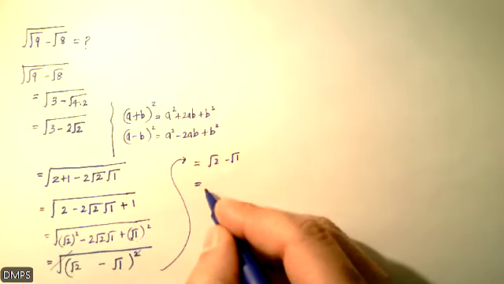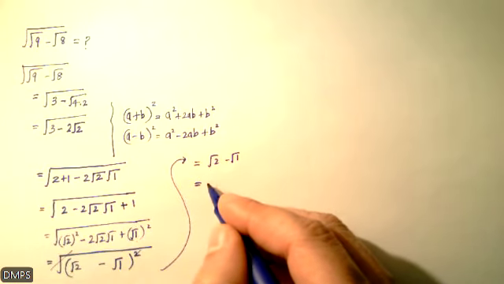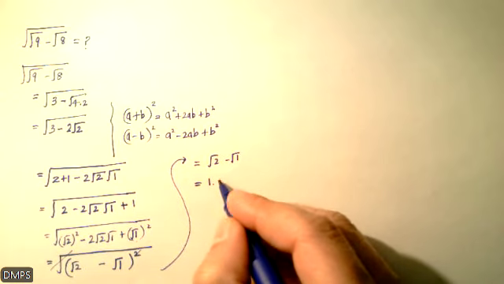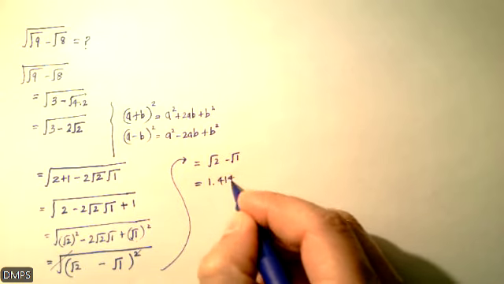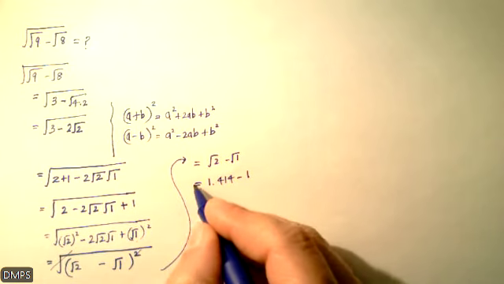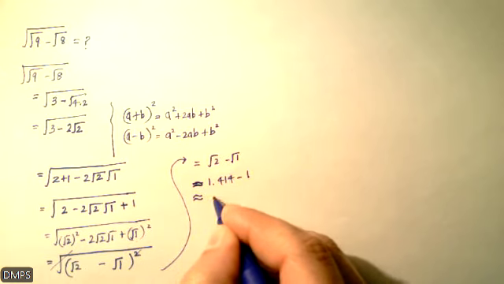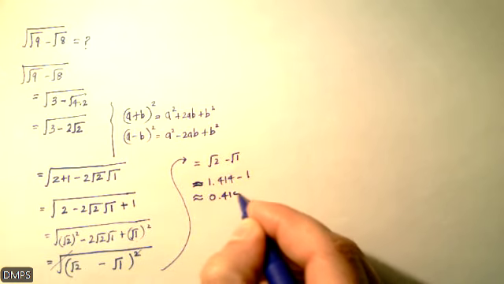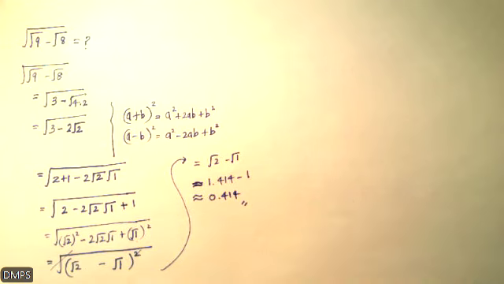And root 2 is approximately 1.414, and root 1 is 1. So this is approximately equal to 0.414. Like that, we can find it approximately up to 3 decimals.